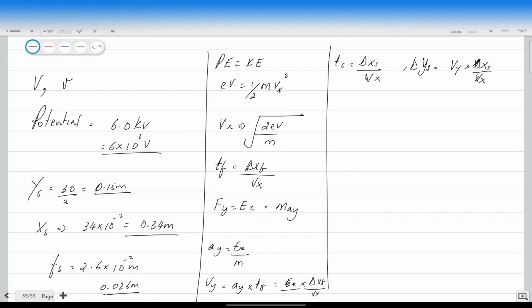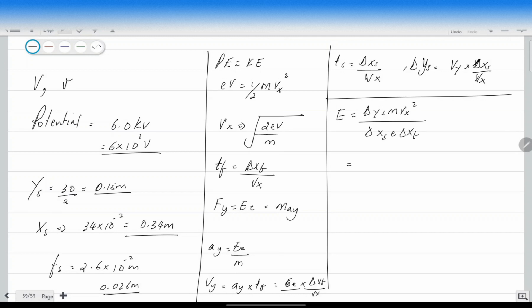Okay, so therefore the solution for electric field, eventually E, will be equal to delta ys times m Vx squared over delta xs e multiplied by delta xf.